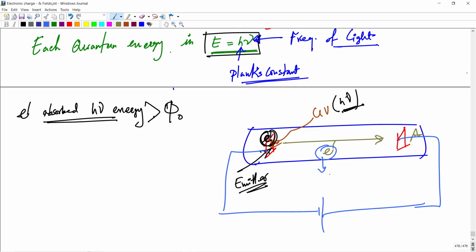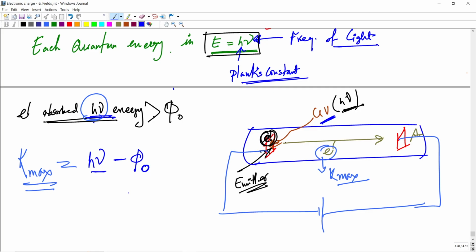The UV ray absorbed energy is h nu, the frequency of the UV ray times h. Minus the work function, we get an energy, and that energy moves the electron from emitter plate to acceptor plate, equal to half m v square.